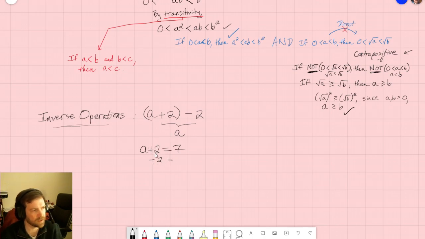In order to balance it, we also have to take 2 off from the other side. Think of it like a pan balance, like scales: whatever you take off of one side, you also have to take off the other, because otherwise it becomes unbalanced and the scale tips. We don't want that. We want everything to stay balanced exactly the way it was.